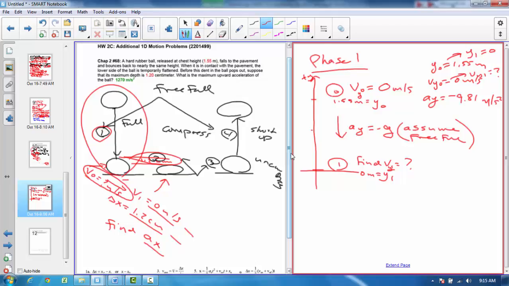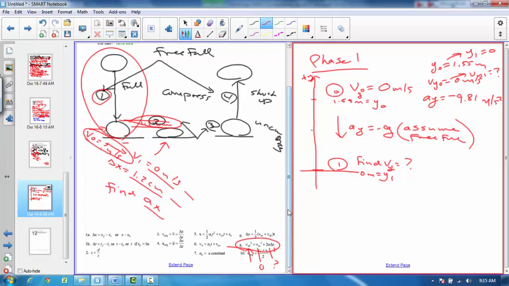So what equation are you going to use to figure out what vy1 is, knowing all those things? What equation would you use to find a final velocity? What's the easiest way to find a final velocity? Equation 8. So we have v final squared equals v initial squared plus 2a delta y.